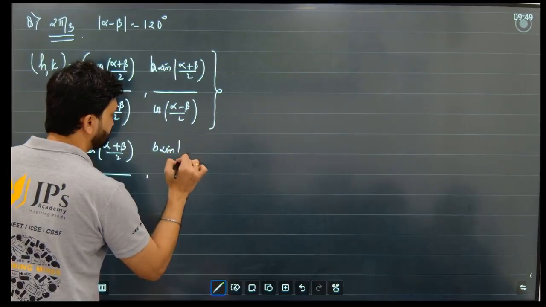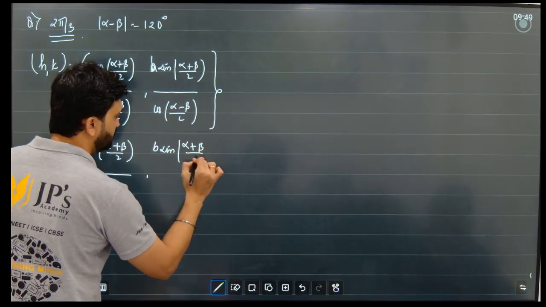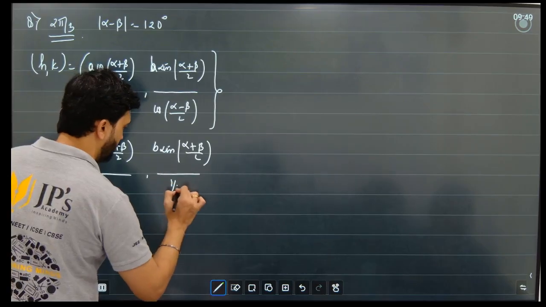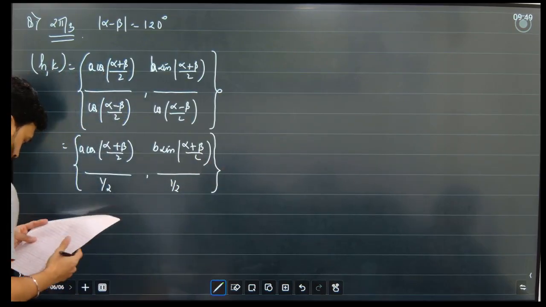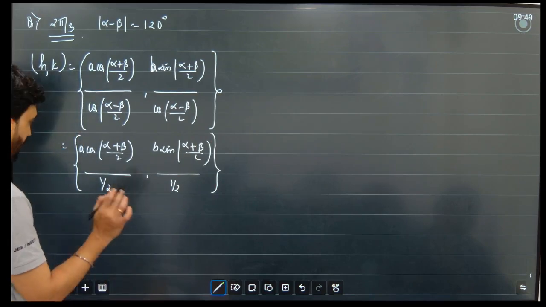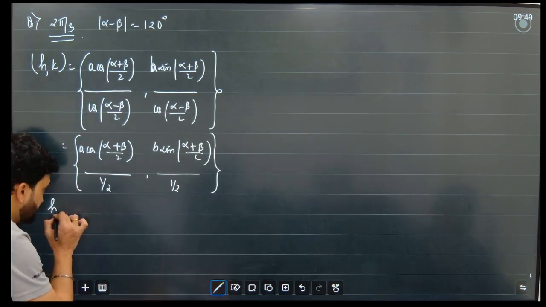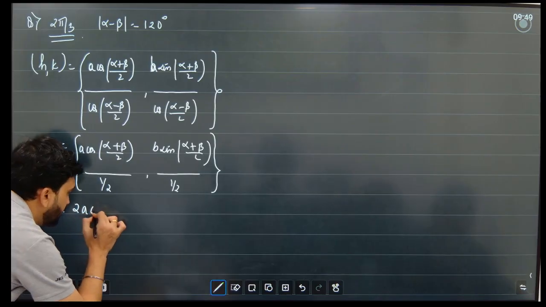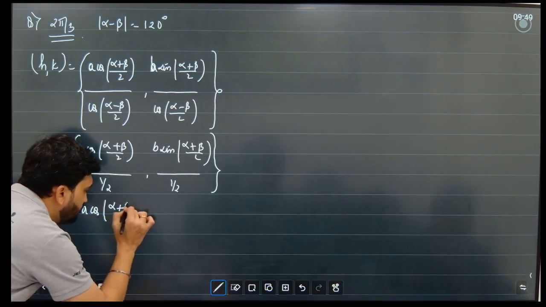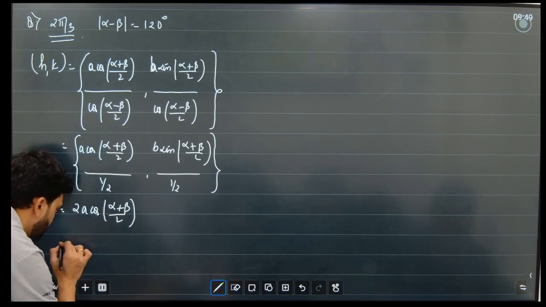And again this will become b sin((alpha plus beta)/2), again with half here. And since I have the value half, my h will become 2a cos((alpha plus beta)/2).